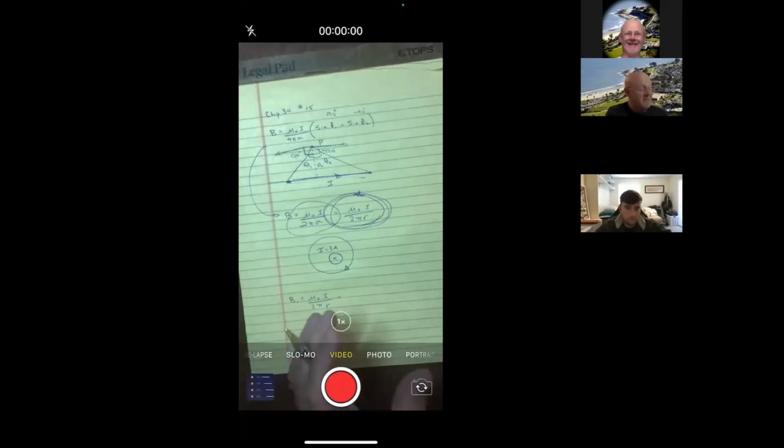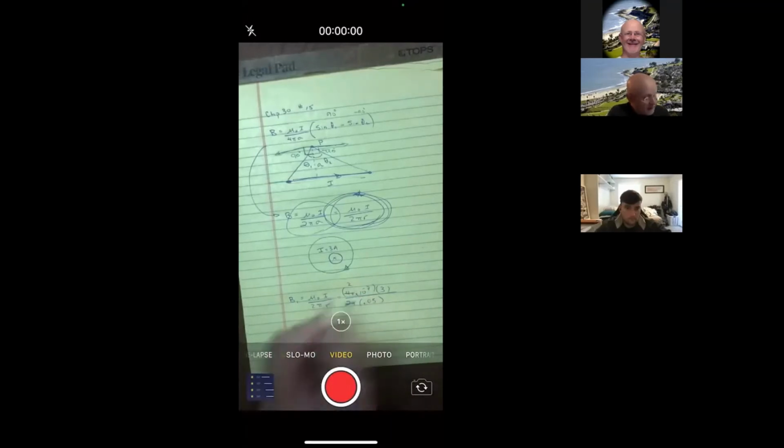And as we fill this in, this mu naught, the permeability of free space, is 4 pi times 10 to the minus 7. The current is 3 amps. We divide that by 2 pi. And the point P is a distance of 5 centimeters away.